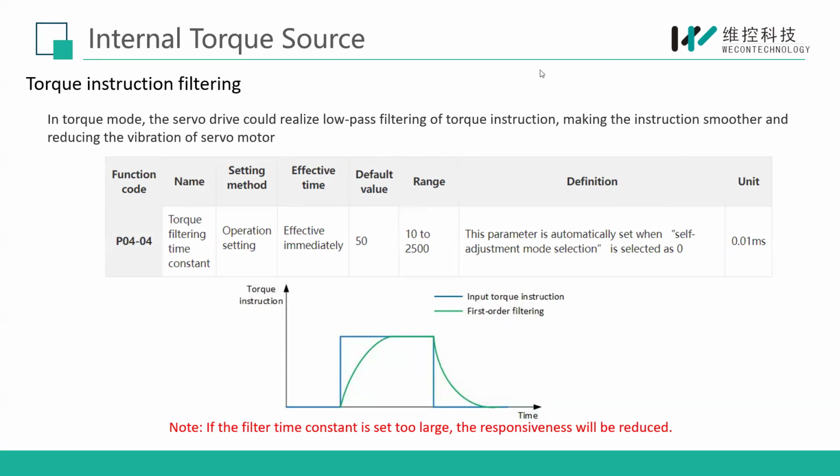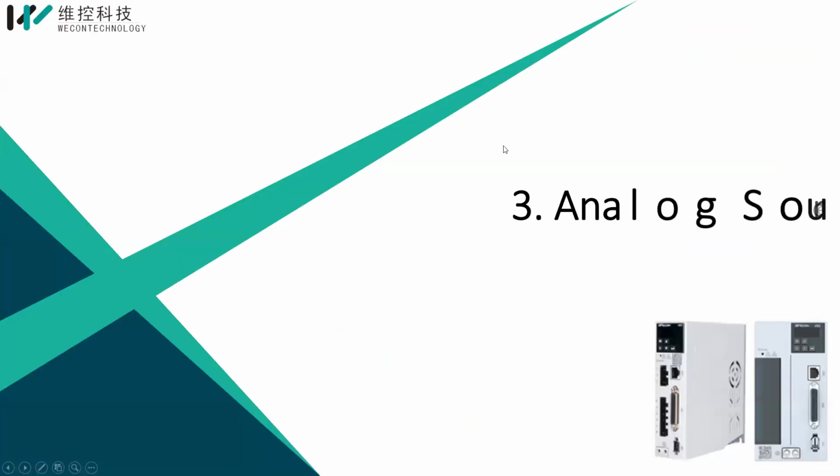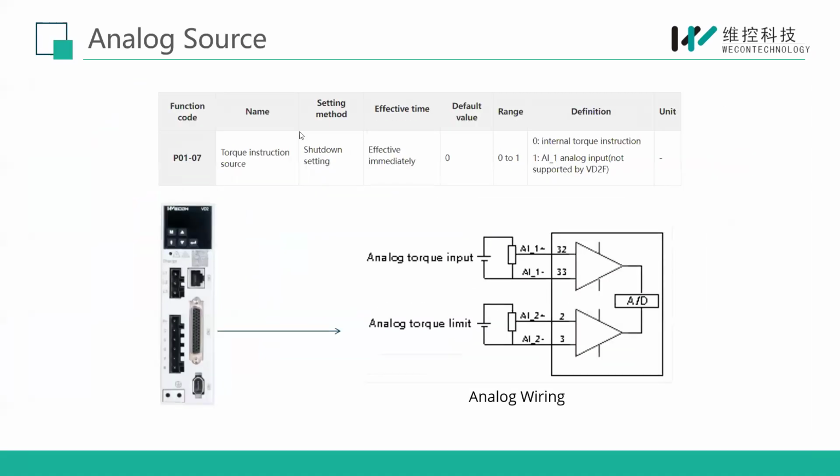But usually we don't need to set this parameter too big. It will cause the response speed to be reduced. The analog source is similar to the speed source, so I think we can speed up for this part.